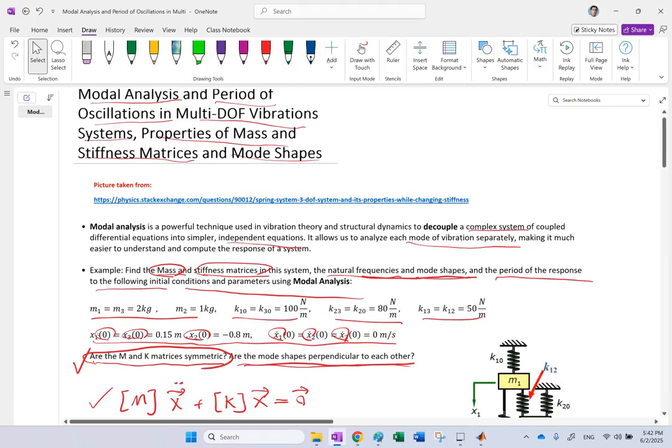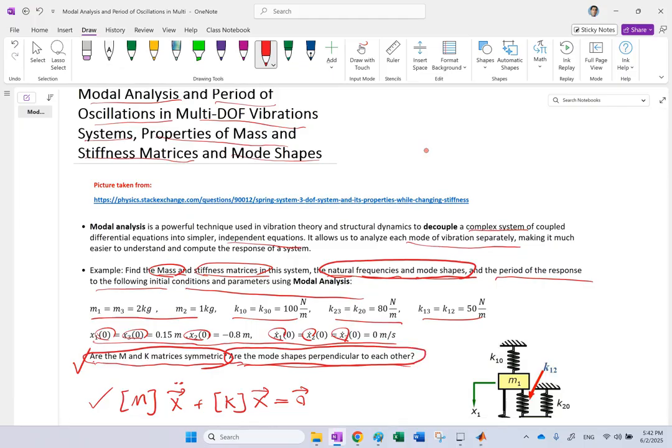So far, I found for you the natural frequencies and the mode shapes. And I showed you that mode shapes of different frequencies are perpendicular, or orthogonal, with respect to M and K. Okay? So now that we have seen this, let's go to the next step. What's the next step?